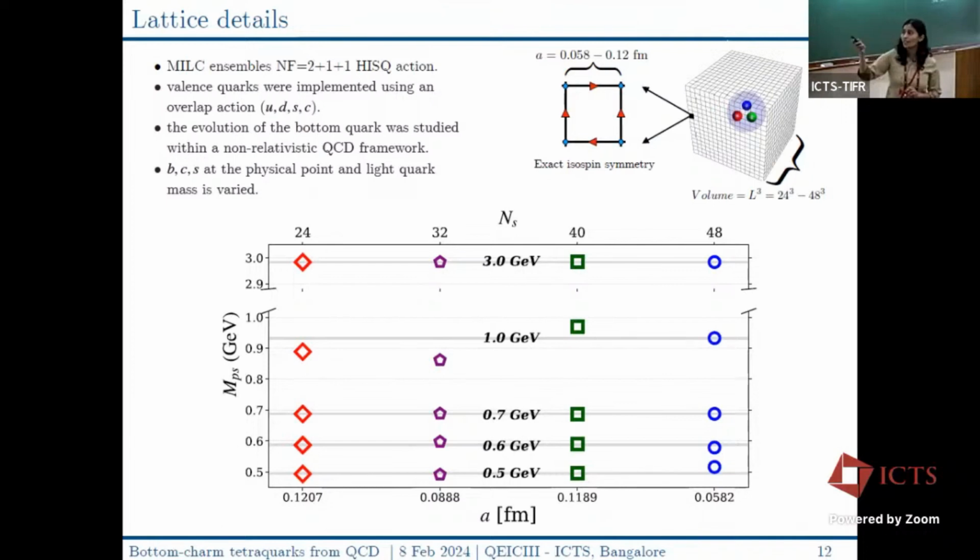Since in lattice QCD we generally do not work with the physical pion mass, we have various different pion masses, and then we try to extrapolate to the physical point. Because we use so many lattices, this enables us to do so. And another important thing is we use exact isospin symmetry, so our u and d have the same mass.